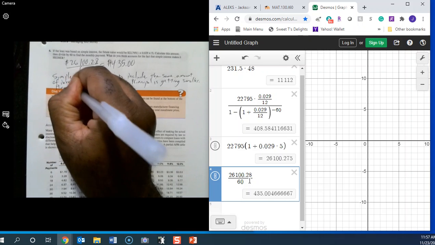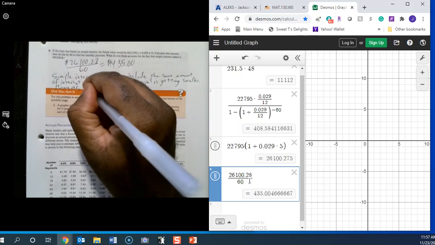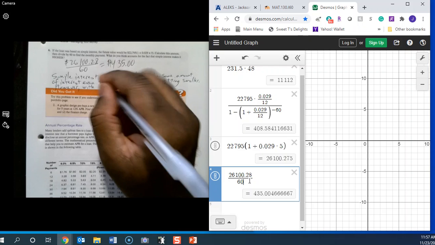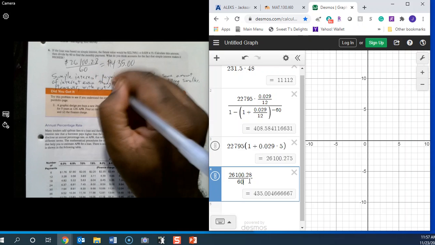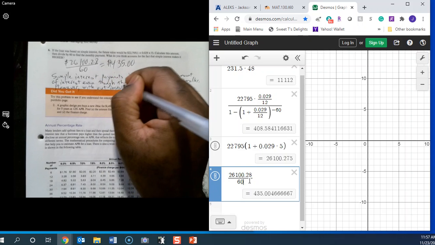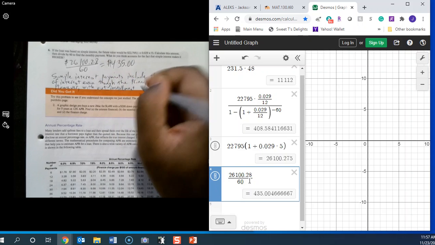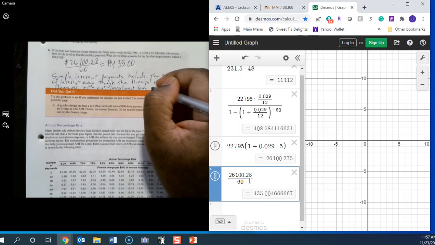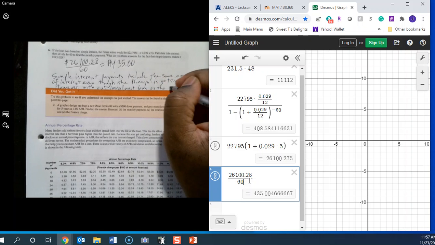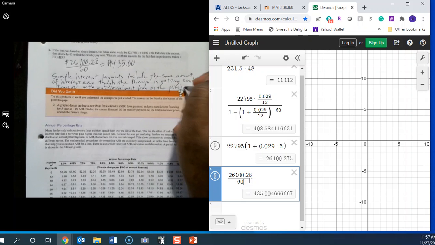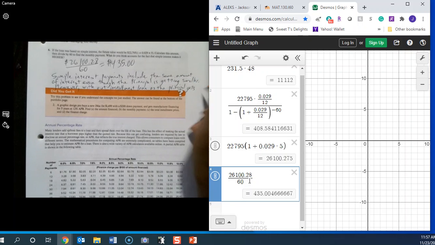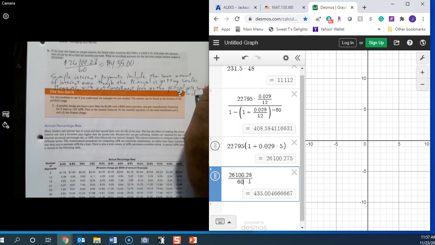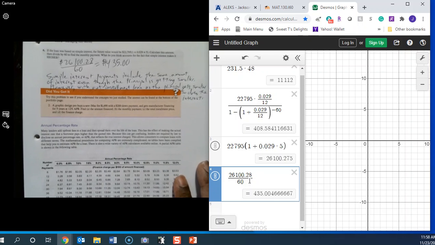However, with our installment loan, as the principal gets smaller, so does the interest. So that's the difference.